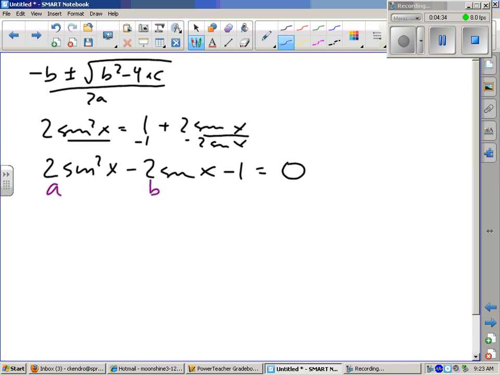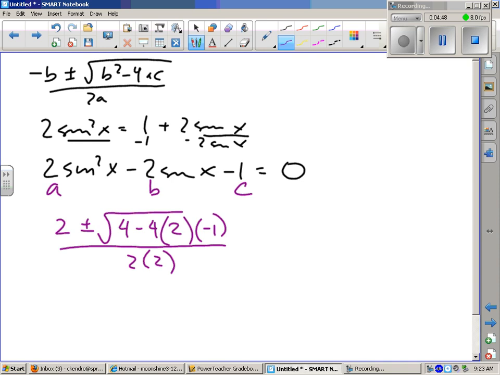This is a, this is b, and this is c. So we'll plug it in. Negative b would be 2, plus or minus the square root of b squared, which is 4, minus 4ac, over 2a. All of this inside here gets to be 12. And then factor a 4 out of the 12, and you get 2 plus or minus 2 root 3 over 4. Actually, we don't need to do heart surgery. What we need to do is put these in decimal form.